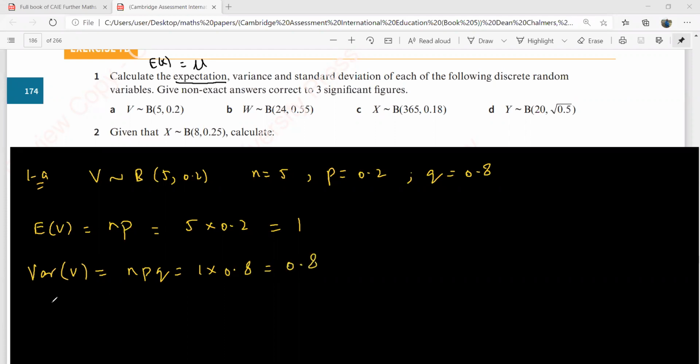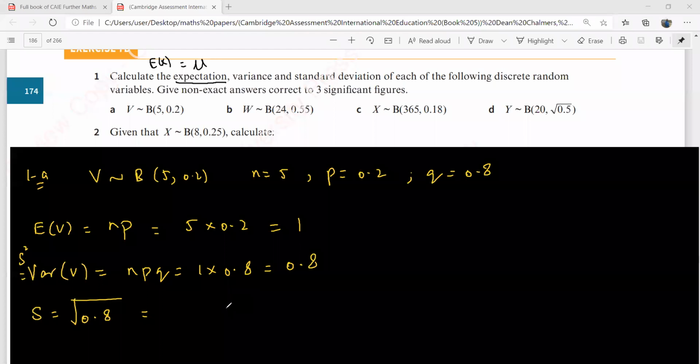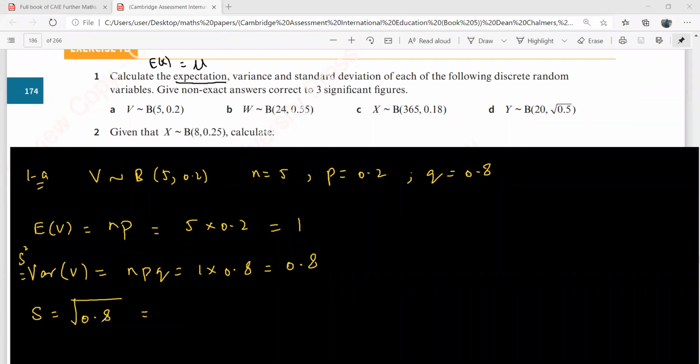For the standard deviation, I can use s squared for the variance, so s is going to be the square root of the variance. That is the square root of 0.8, the standard deviation of this distribution V.